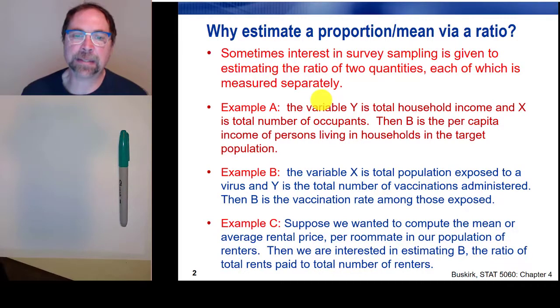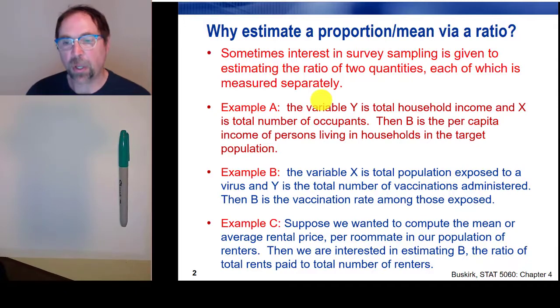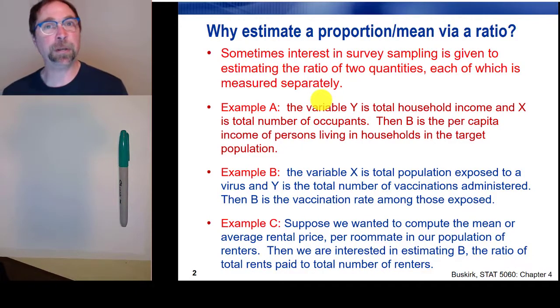Last one is an example. You wanted to compute the mean average rental price per roommate. This is often done in college towns where people rent not apartments or actual houses, they just rent rooms inside of those quarters. The monthly rental prices that you see on Zillow or on rent.com, for example, refer to the cost of the entire unit being rented.